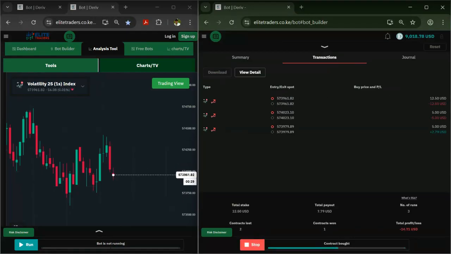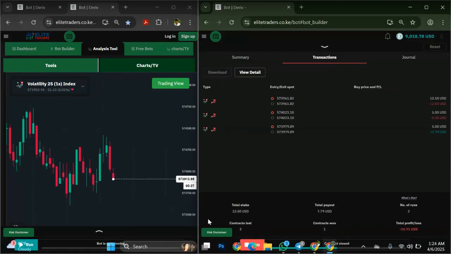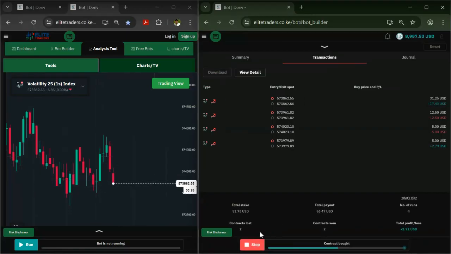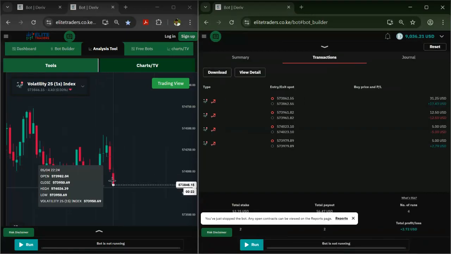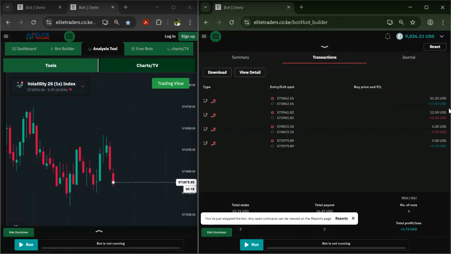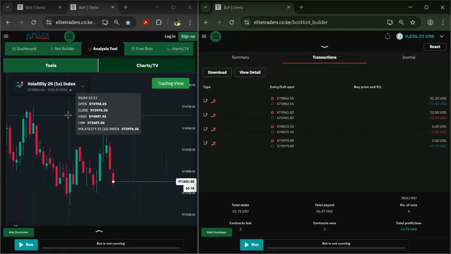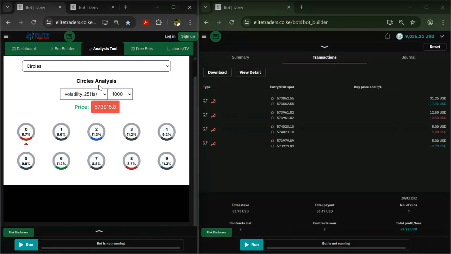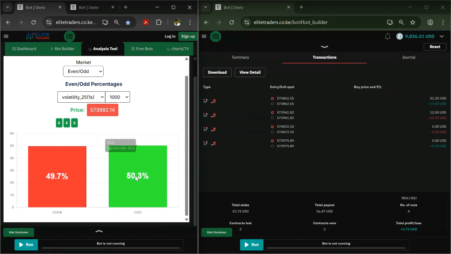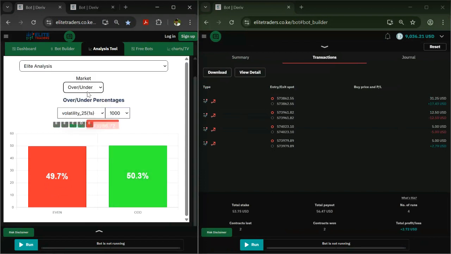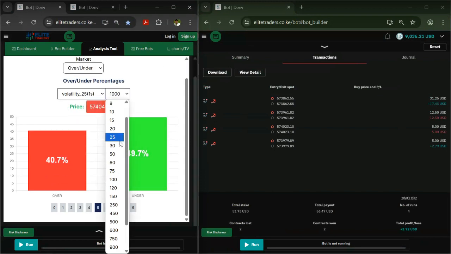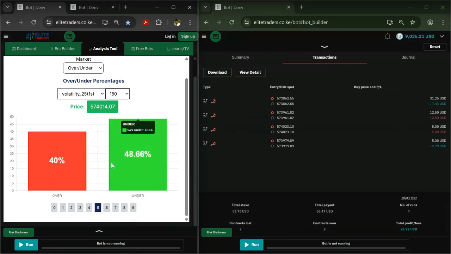But the market is kuna some fluctuations you can actually see. So this market, ukiona market ikiwa on a full momentum like this one, don't wait until you hit your target profit. Just leave the market. Okay, let's see if you can get another better market that will perform better than this. Over 150 recovery.